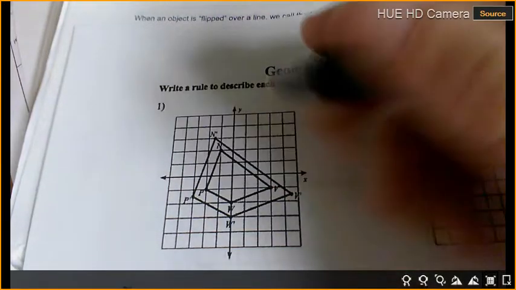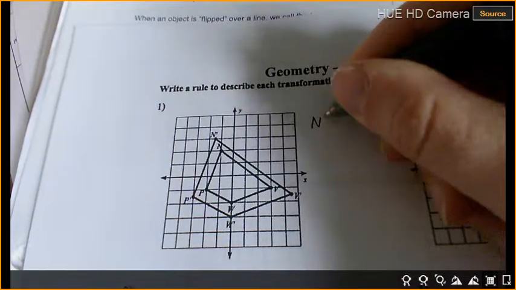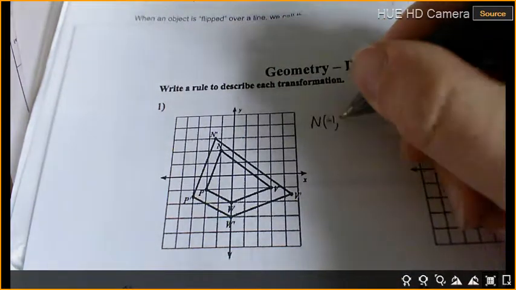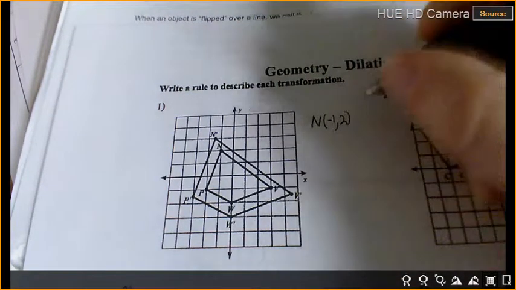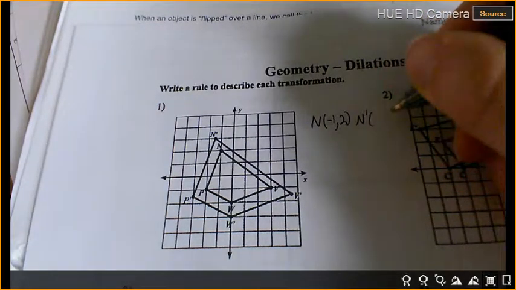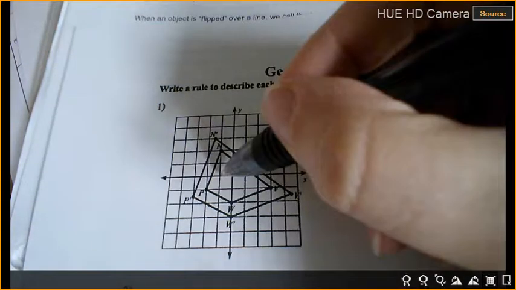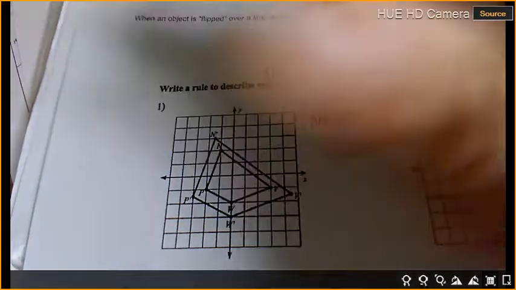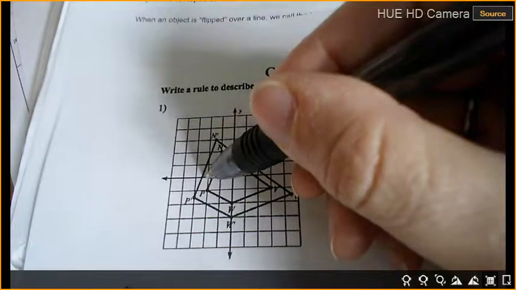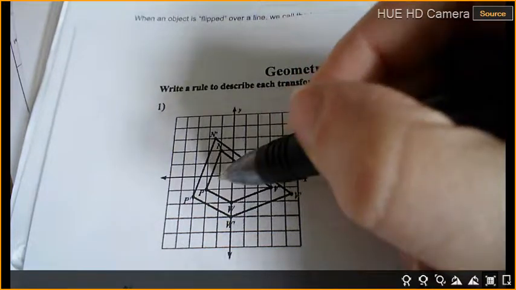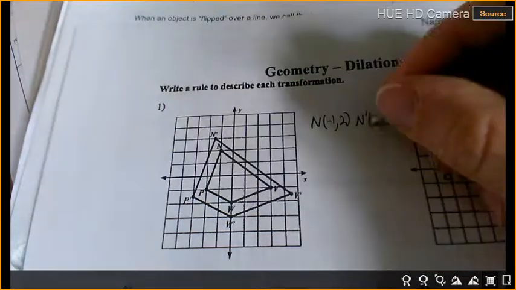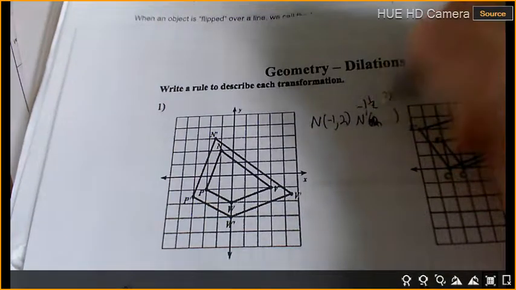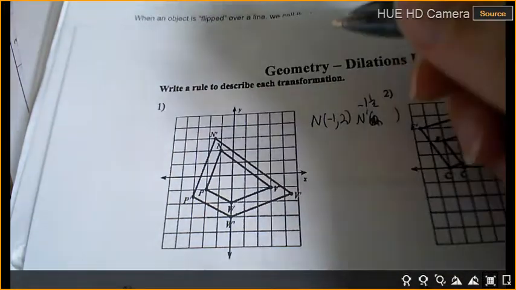If n is 1, -1, 2, and my image n is over 1.5 and then up 3.